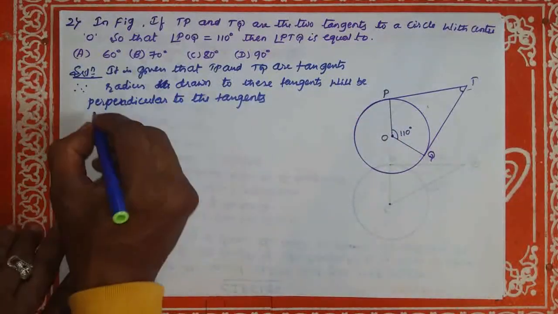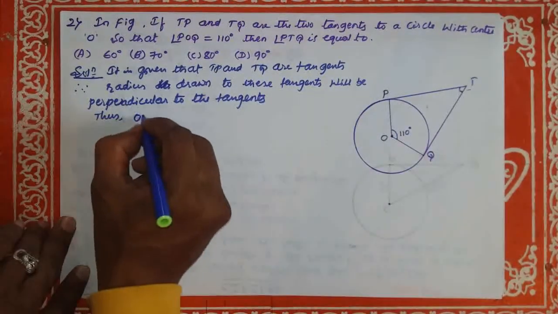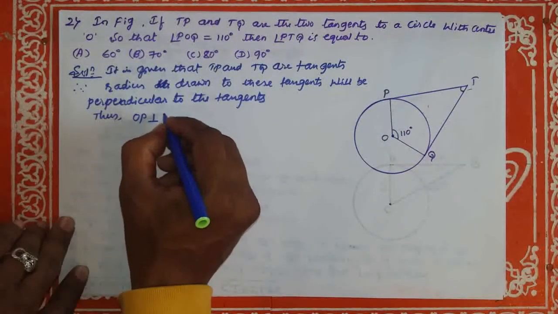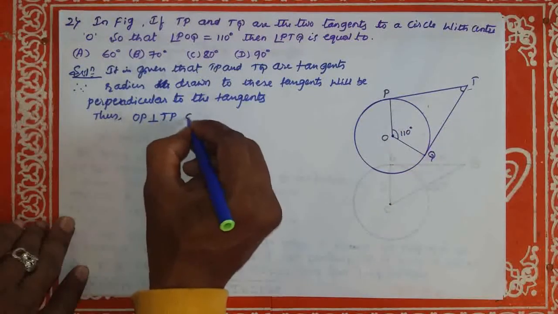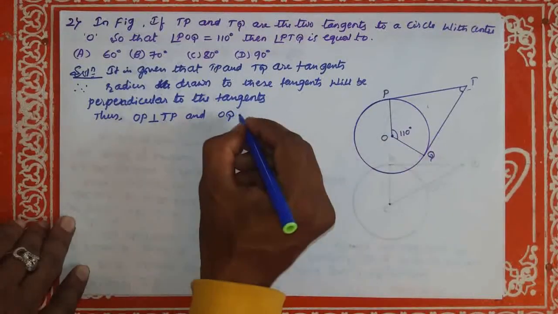Thus, OP is perpendicular to TP and OQ is perpendicular to TQ.